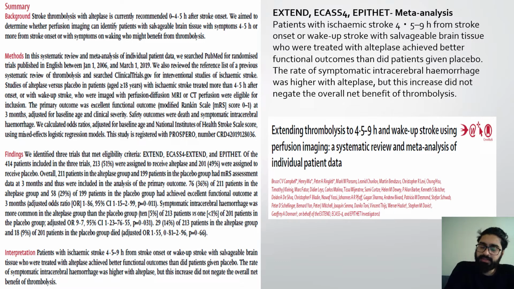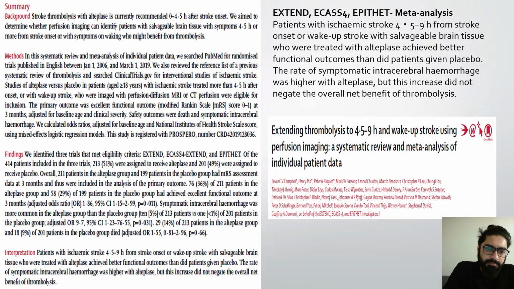They concluded that patients with ischemic stroke which occurred between 4.5 to 9 hours from stroke onset, or wake-up stroke with salvageable brain tissue, who were treated with etiplase achieved better functional outcomes than did patients given placebo. The rate of symptomatic bleed was higher in the etiplase group, but this increase did not negate the overall net benefit of thrombolysis. So this was a meta-analysis of all these three studies.